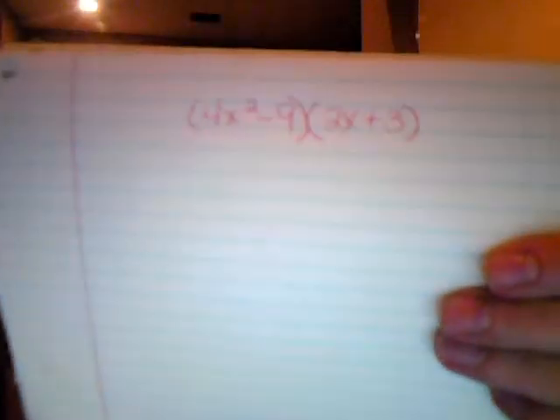Number 9, f times g. You're going to use your parentheses again. 4x squared minus 9 goes in the first set, times 2x plus 3. Alright, there we go.